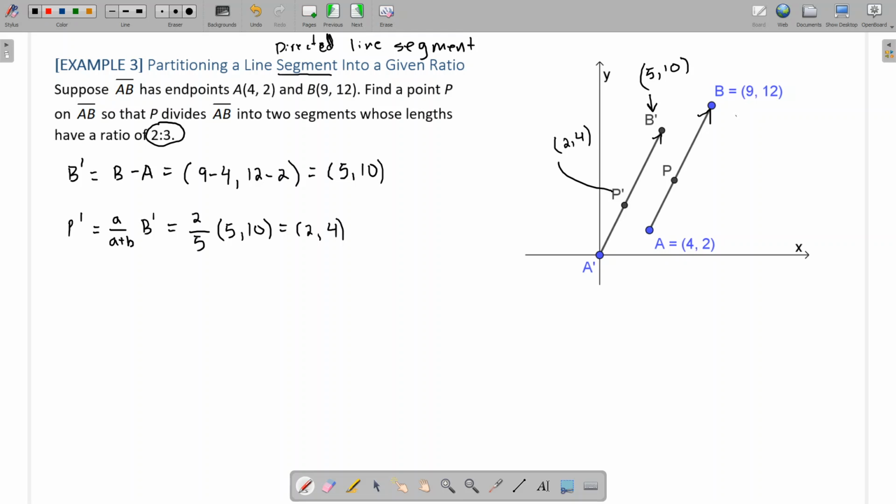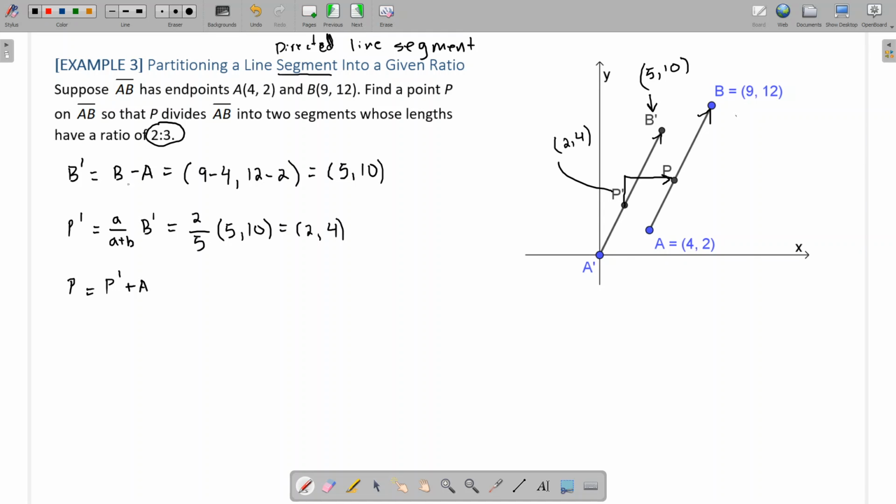But that's not the one we want. We want the corresponding point back over here. So I need to move it back over. Now, think about how we moved in this direction. To move back to the origin, we just subtracted A. So to move back to the line we want, we have to add A back in. So what we're really doing is we're going to take, to get P, we take the P prime and we add A back in.